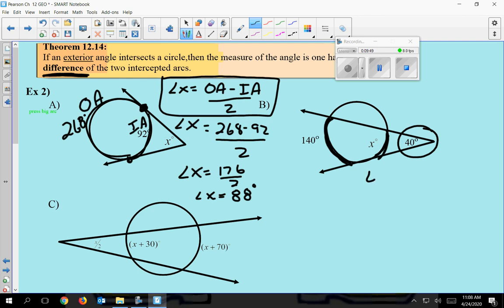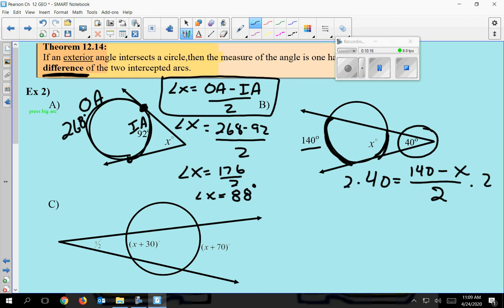So the angle, 40 degrees, equals the outside arc, which in this case they told us was 140, minus the inside arc. Well, they didn't give it to me. They did call it x over 2. Okay. I like to get rid of the fractions, so I'm going to multiply both sides by 2.